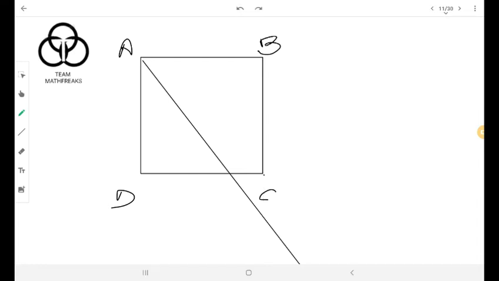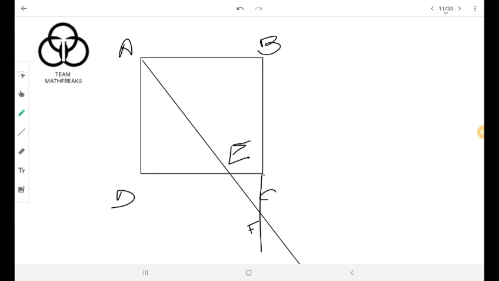You have to understand the question. Side CD, line BC. Line means what? It's not ending. Line BC at F, side CD at E.